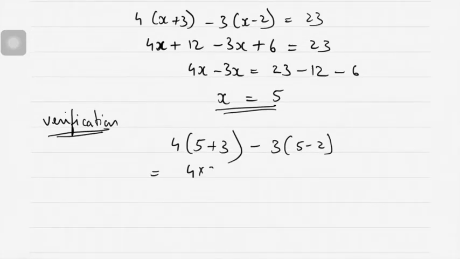So 4 into 8 minus 3 into 5 minus 2 is 3. Correct? 4 into 8 is 32 minus 6.